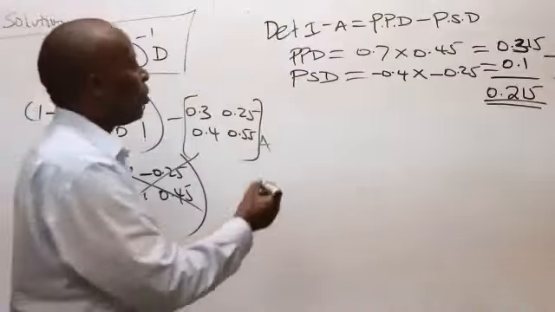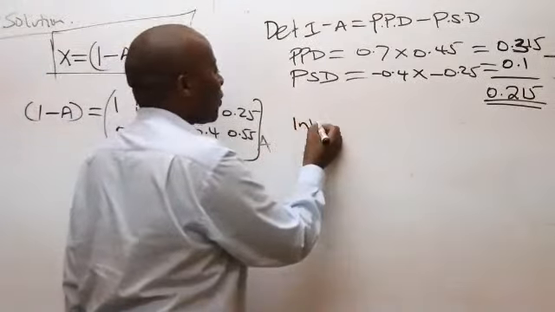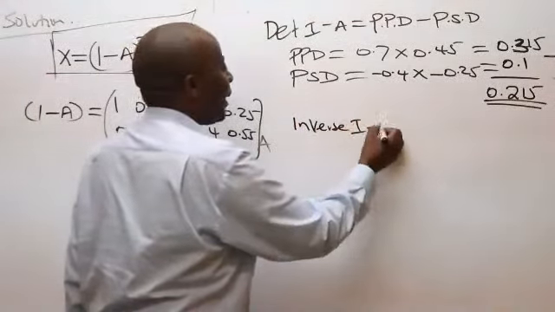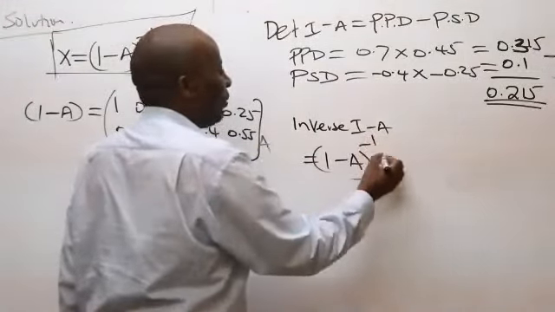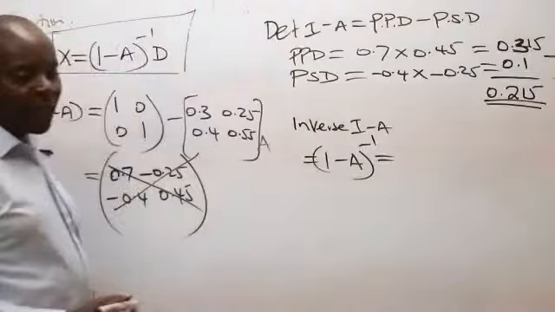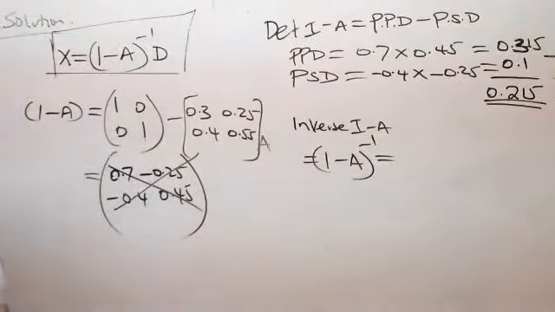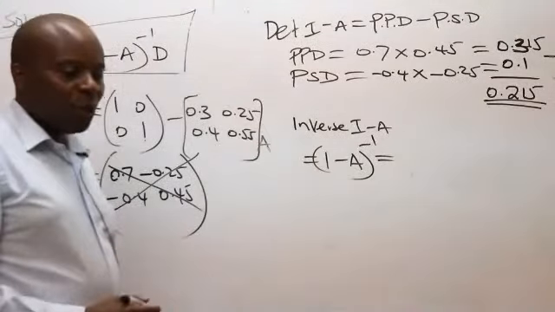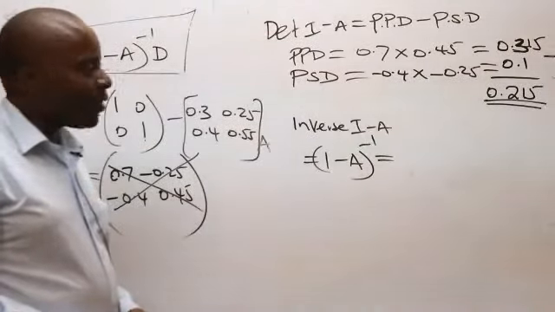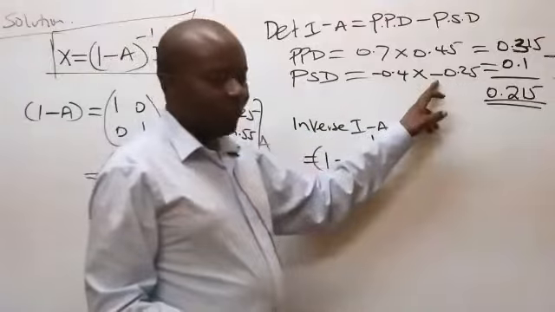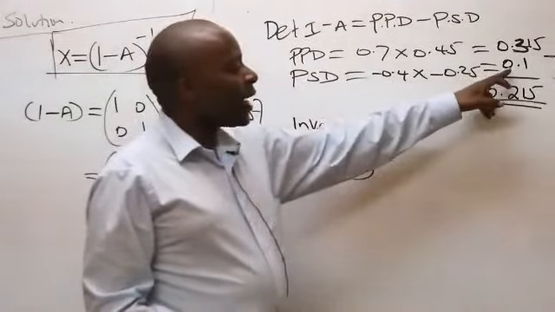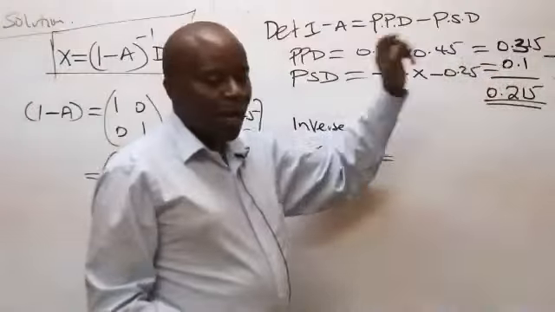And therefore, the determinant of I minus A, which is written like this, will be equal to who? So one user says it should be 0.415. That's wrong, user, look. You know, when you multiply these two it becomes positive, so the answer should be a positive 0.1.